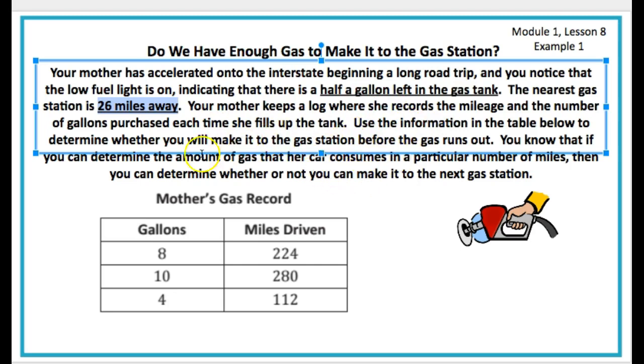And we want to determine whether or not we can make it to the next gas station. We're also given this data table of Mother's gas record with the amount of gallons and the amount of miles those gallons can drive.